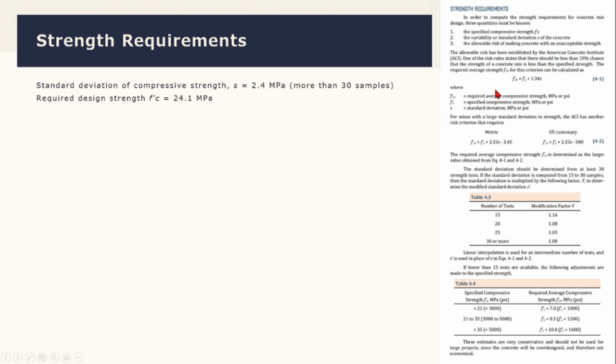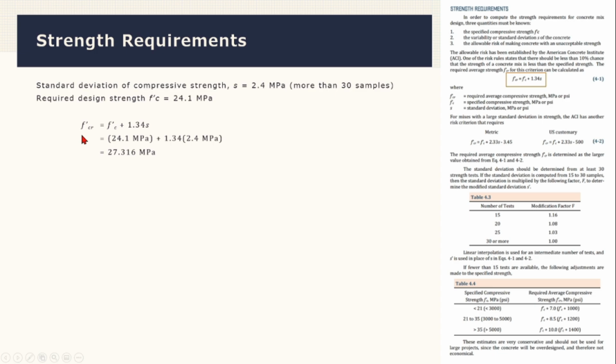We'll be using this formula to solve for it: f'cr is equal to f'c plus 1.34s, wherein f'cr is the required average compressive strength, which is what we are looking for, f'c is the specified compressive strength, and s is the standard deviation. Substituting the given, we have 24.1 for f'c and 2.4 for the standard deviation. Solving for f'cr will give us 27.316 megapascal.